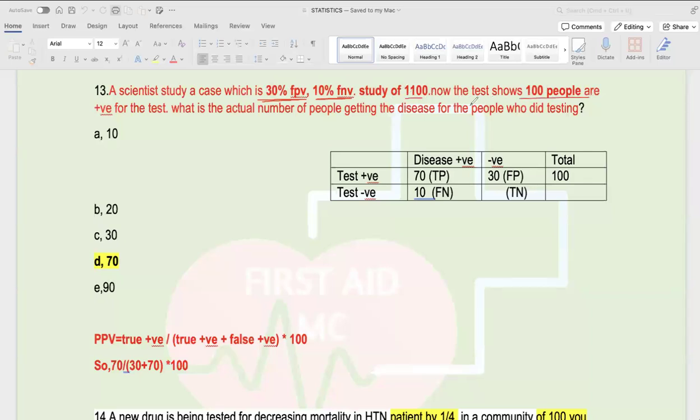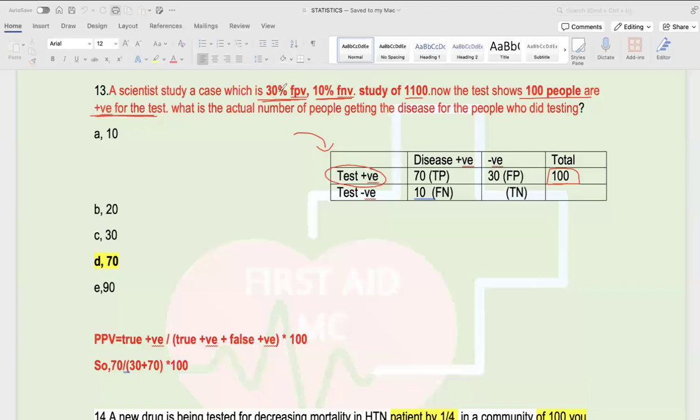Now the test shows 100 people are positive for the test. So we know this is test positive, this is test negative, this is diseased, this is non-diseased. This says that out of 100 people who are positive for the test, the test positive total number is 100. Now remember, this is not given in the exam. You need to do this.